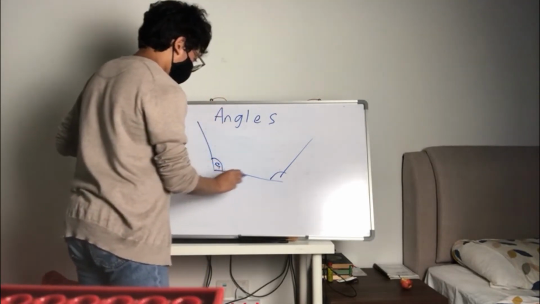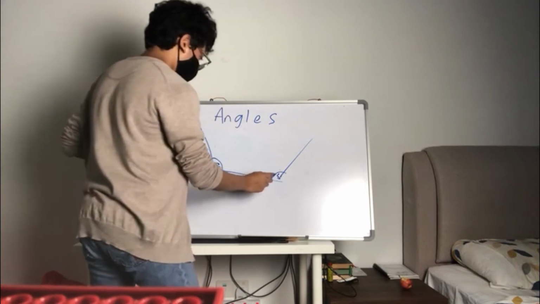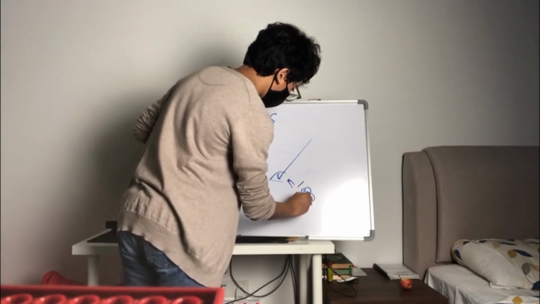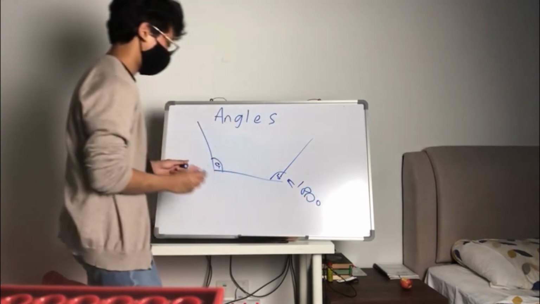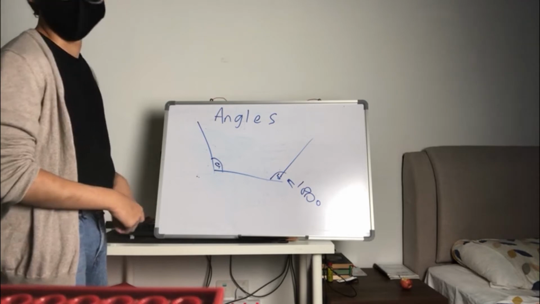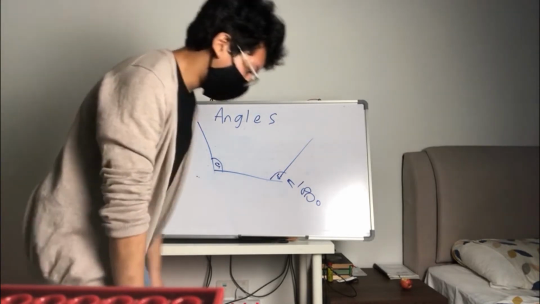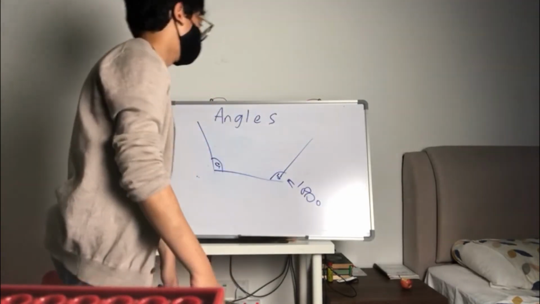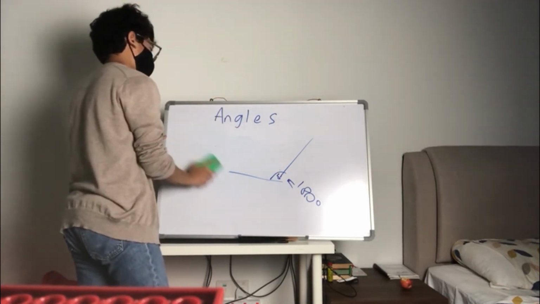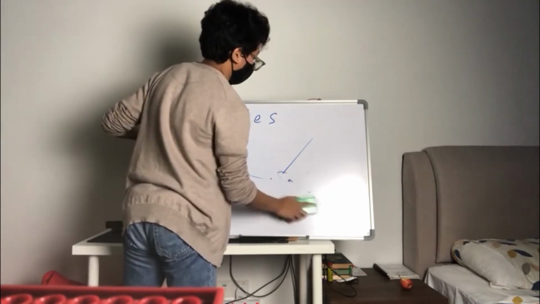If angle A plus angle B, it should be equal to 180 degrees. That is supplementary angles. Remember, they add up to 180 degrees. They're not equal to anything. They're not equal to each other. They just add up to 180 degrees.